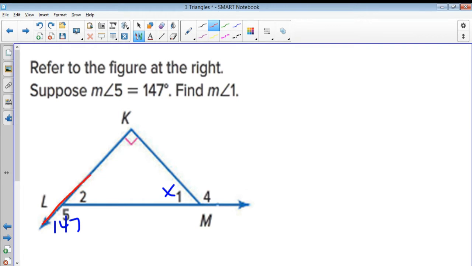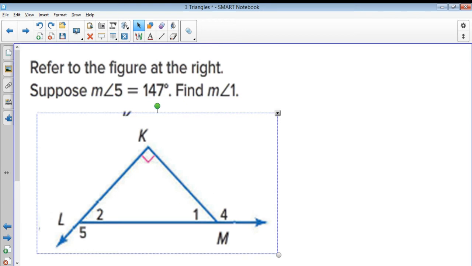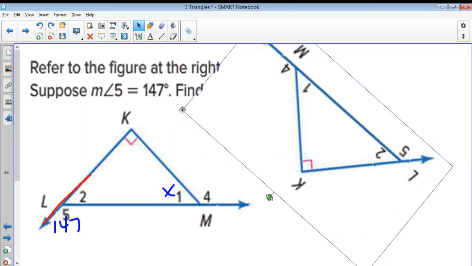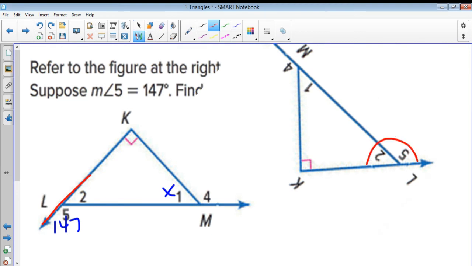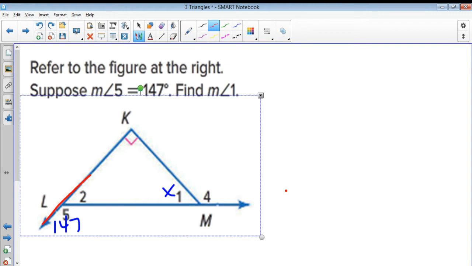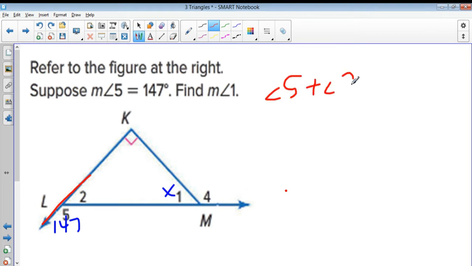We see the line. If you have trouble visualizing it, we can clone the shape. And if I rotate it, you see clearly right there, we have that line, that linear pair, 180 degrees. So now we know that angle 5 plus angle 2 is 180.